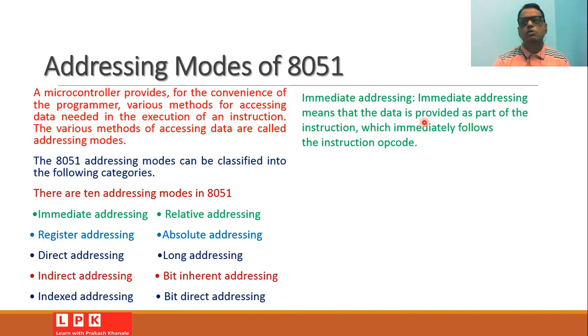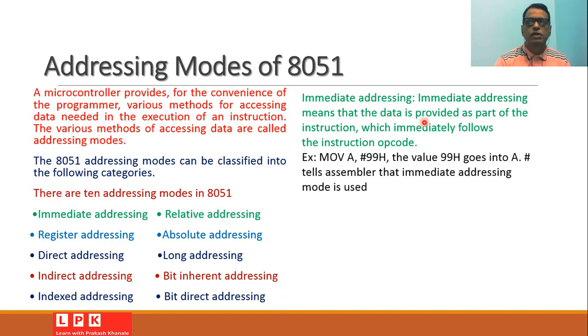Say, for example, when we write the instruction MOV A, #99h, the value 99h will be moved to the accumulator A. The hash tells the assembler that this is immediate addressing, and the data appears immediately after the hash symbol. Such an instruction, where we use the hash followed by data, is called immediate addressing.